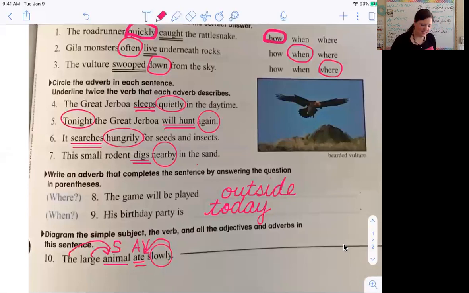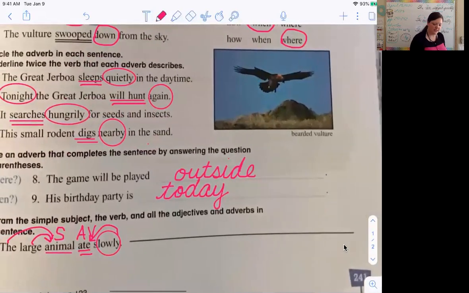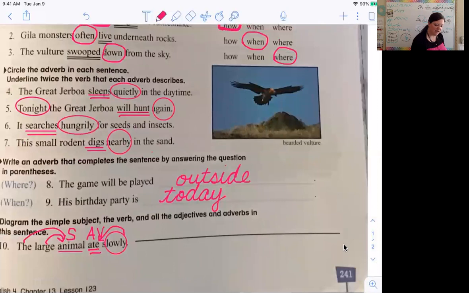Now, let's put this to diagramming. Okay, they've already done the first step by drawing our line for us. Let's do the next step by cutting our line in half. Your subject goes on the left. What was our subject? Animal. Your verb goes on the right. What is the animal doing?